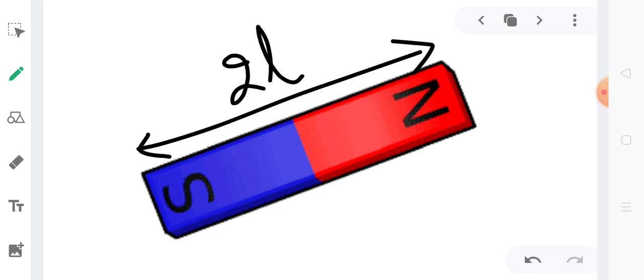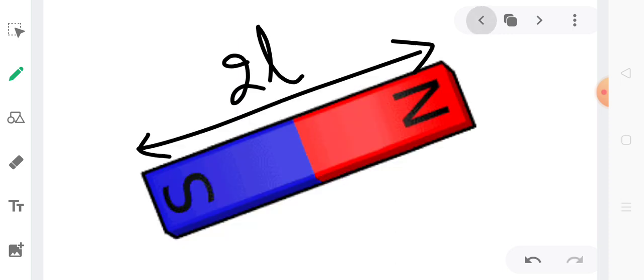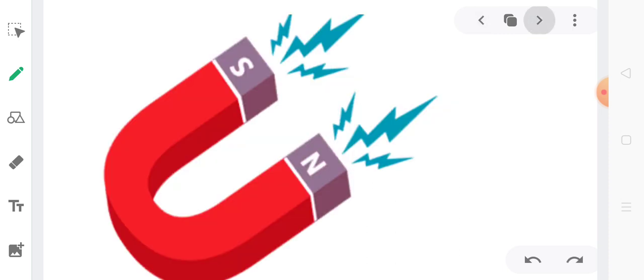Now just consider the example of a horseshoe magnet or a U-shaped magnet. Can you figure out the difference? Obviously there is a difference in the shape, but apart from that there is also a difference in the magnetic length. The gap between the South Pole and North Pole is so small.